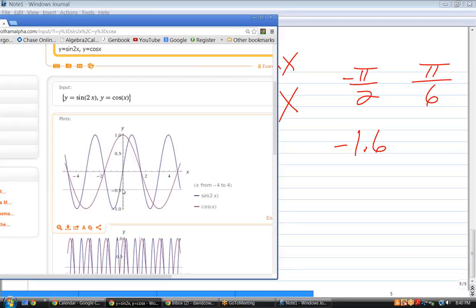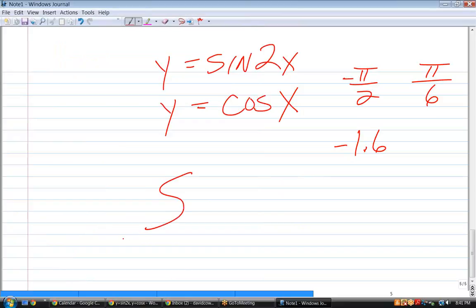So can I just set this up easily? My calculator would be from negative pi over 2 to pi over 6 of cosine of x, since it's on top, minus sine squared of x?